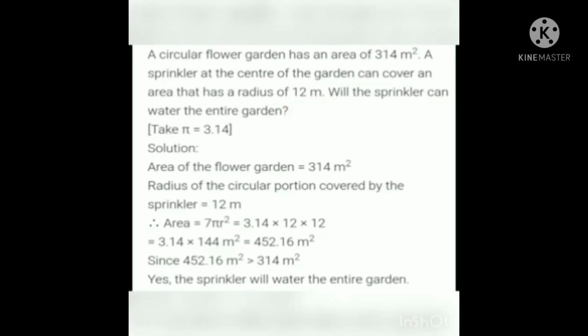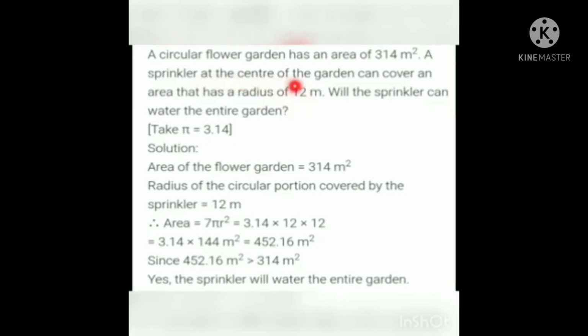So the question is whether the whole garden will be watered by this sprinkler. What you have to find is the area covered by the sprinkler. The radius of the watered portion is given as 12 meters, isn't it?